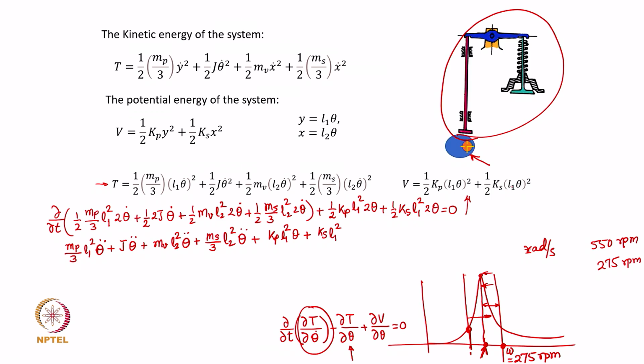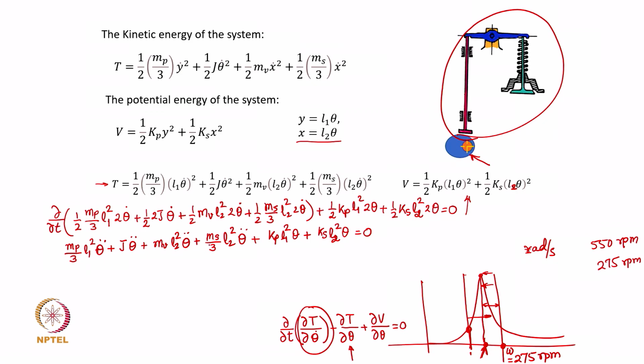I think this should be L2, this is a printing mistake here. Because x is L2 into theta, so pardon me for this small change. This has to be Ks into L2 and not L1. So that gives us Ks into L2 square into theta equal to 0. That is the equation that we finally get.